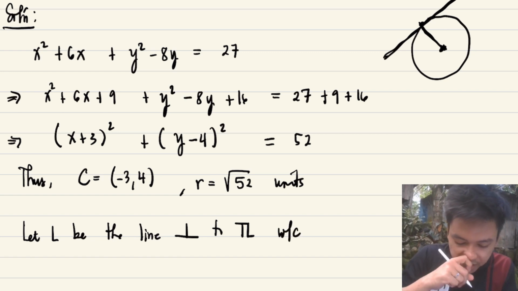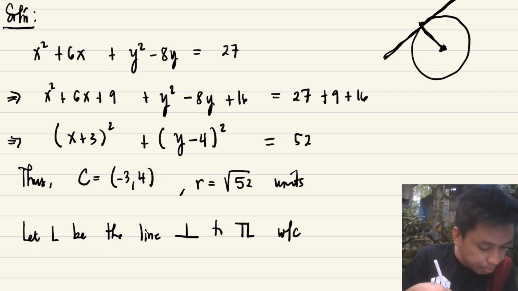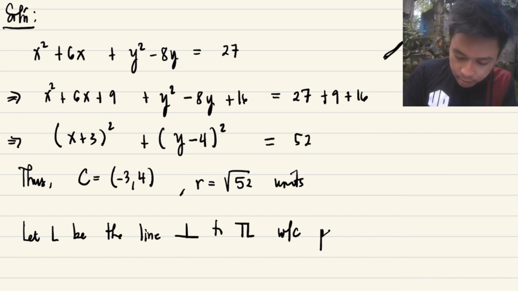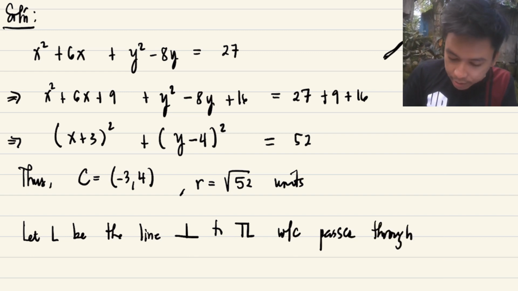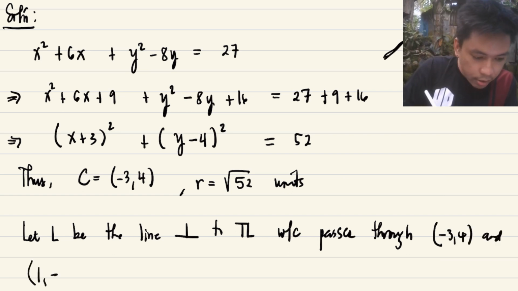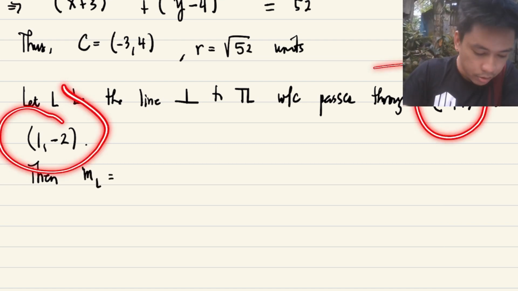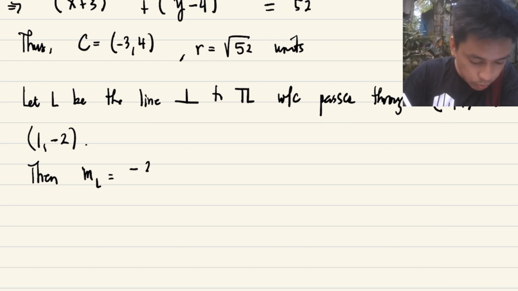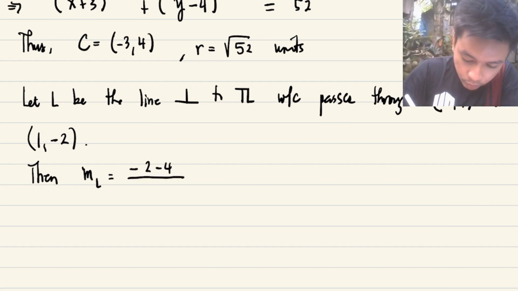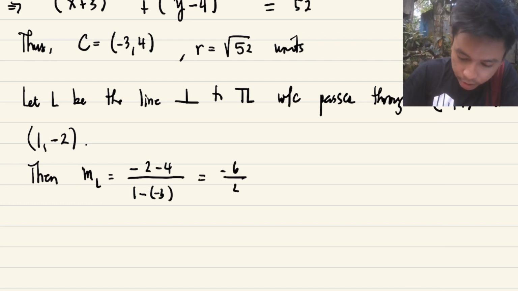The line L, which is perpendicular to the tangent line, passes through the center, which is (-3, 4), and the point of tangency, (1, -2). What is the slope here? The slope is (-2 - 4) over (1 - (-3)). So this is equal to -6 over 4, and this is equal to -3/2.